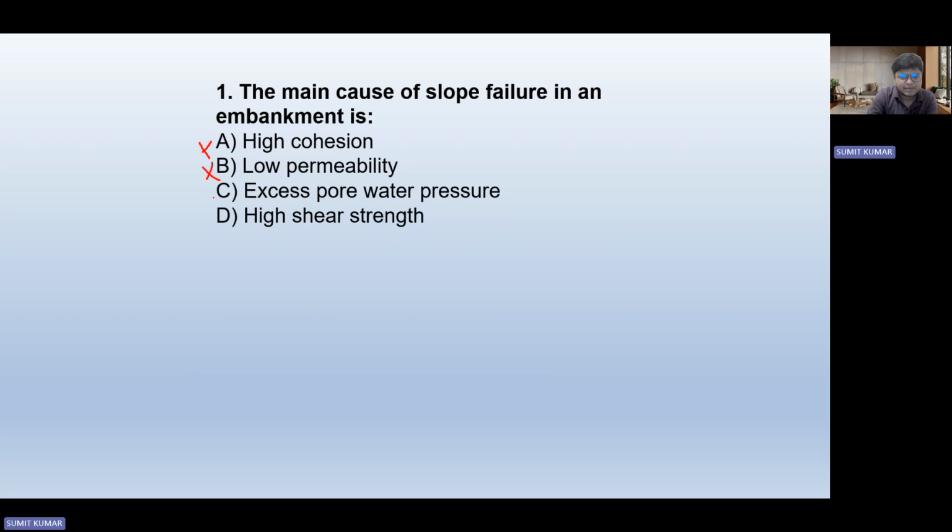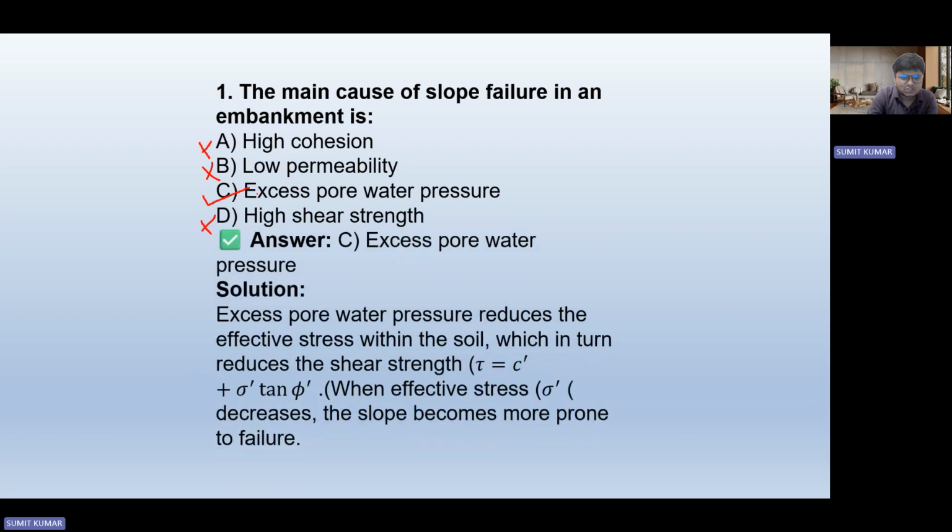Excess pore water pressure. This could be a possible answer. And high shear strength? If there is high shear strength, how would failure take place? So option C is going to be our correct answer for this given problem, as I understood.